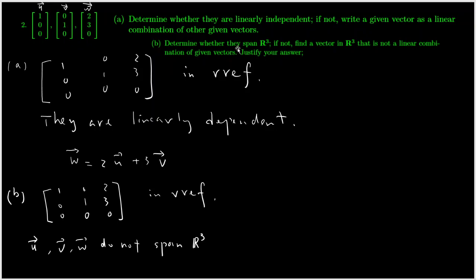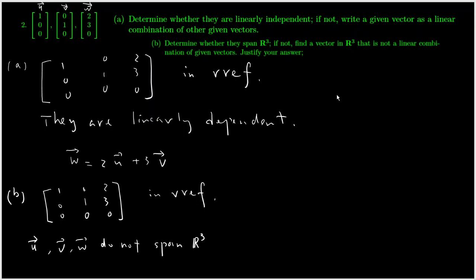You look at the question. We're trying to determine if the vectors span R3. They span R3 means every vector in R3 is a linear combination of the three vectors.